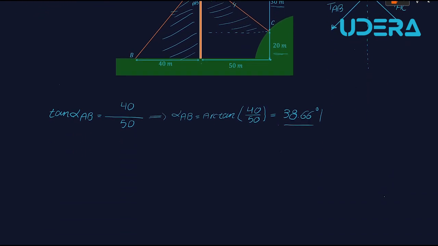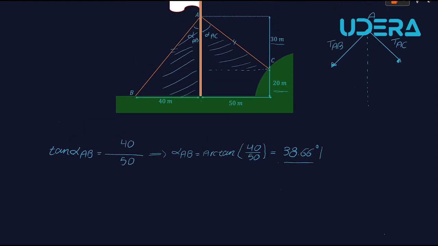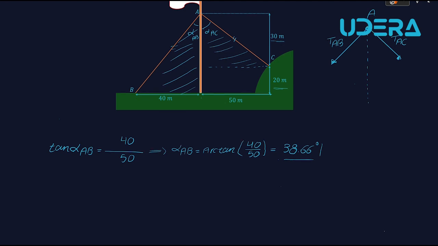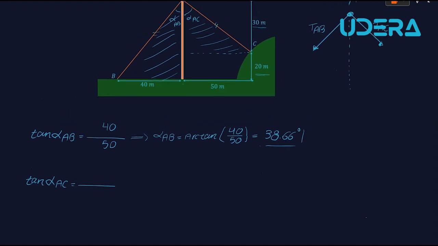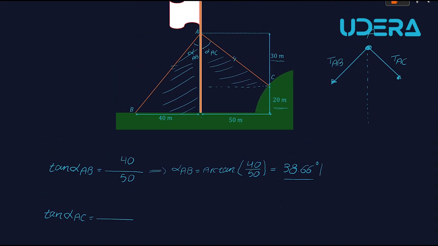Let's find the angle alpha AC for the other right triangle. Tangent of alpha AC is equal to the opposite side, here is 50, and the adjacent side is 30.